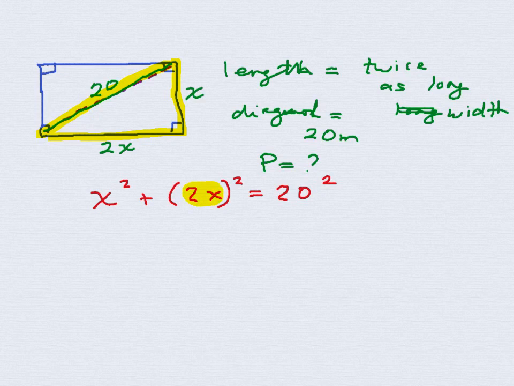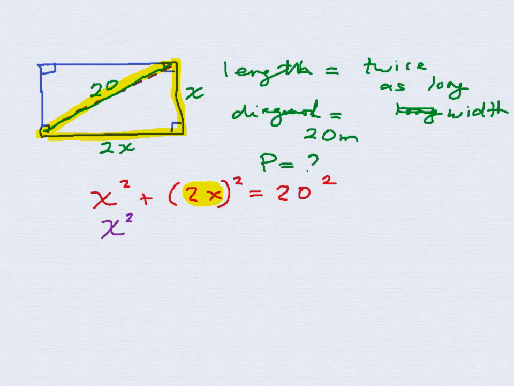Squaring a 2 is not hard, you get a 4. Squaring a 3, you get a 9. Squaring a 4, you get a 16. Squaring a 5, you get a 25, etc.